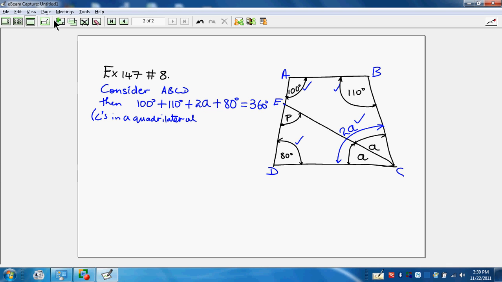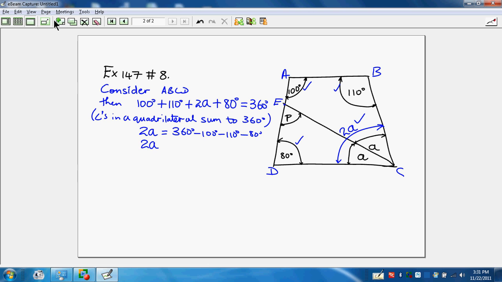And angles in a quadrilateral sum up to 360 degrees. So then we can work out that 2A will be equal to 360 degrees minus 100 minus 110 minus 80.